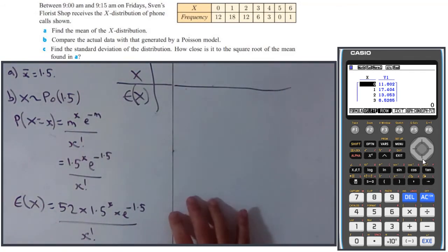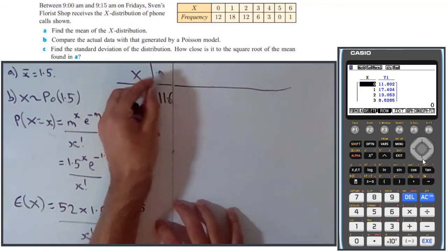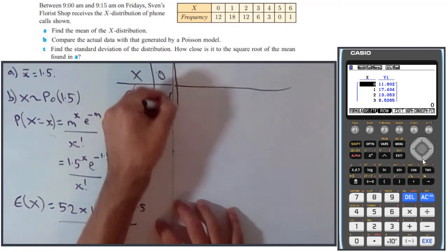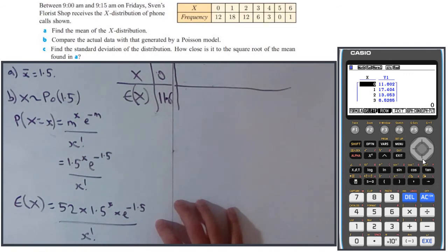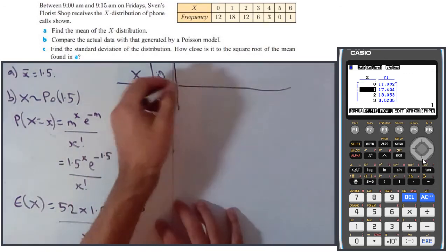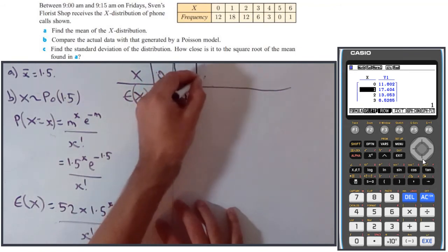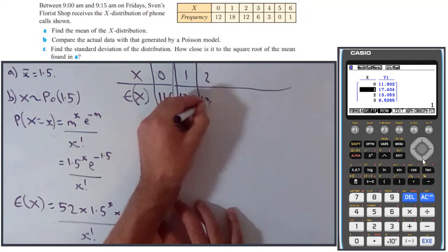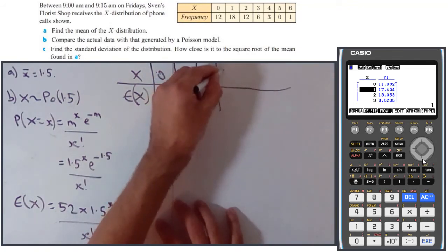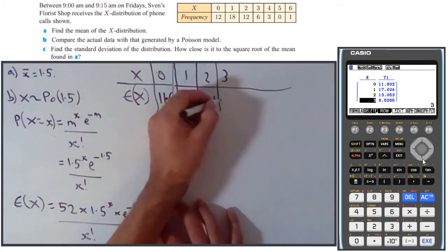According to the Poisson distribution, we have 11.6. 11.6 times you would expect no calls if a Poisson model was a good fit. 17.4 for 1. For 2 we have 13.1. For 3 we have 6.53.